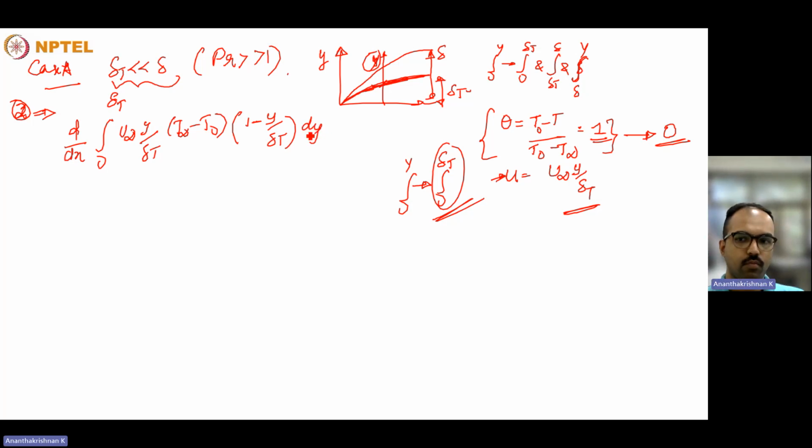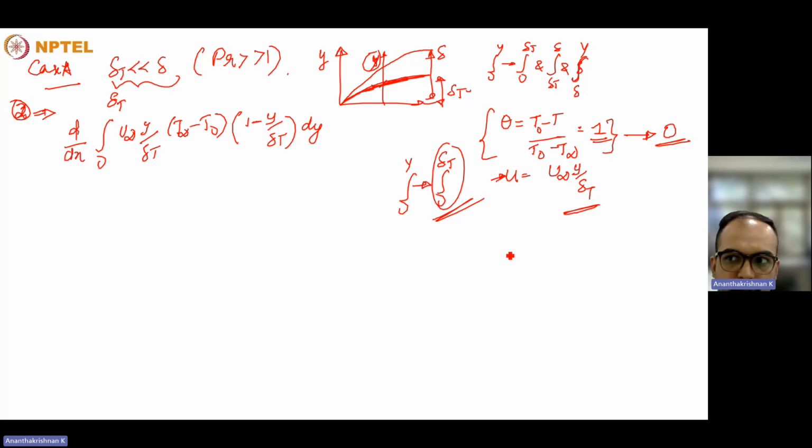So we have to get the value of T infinity minus T. The equation for T will follow a linear form. So we can write theta, (T infinity minus T) divided by (T0 minus T infinity), is equal to y by delta.